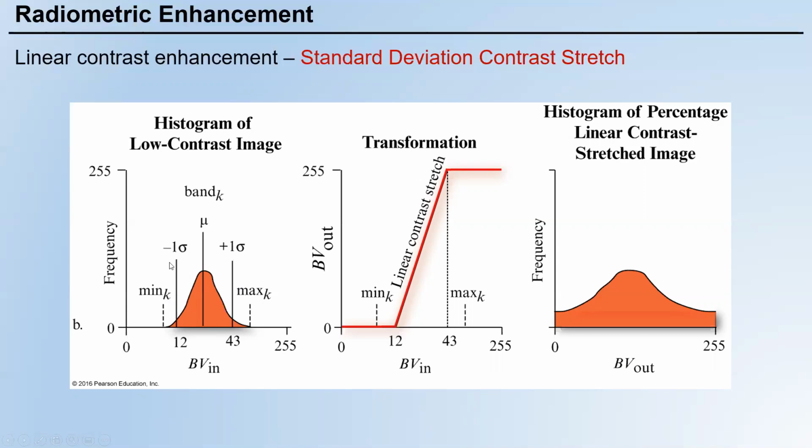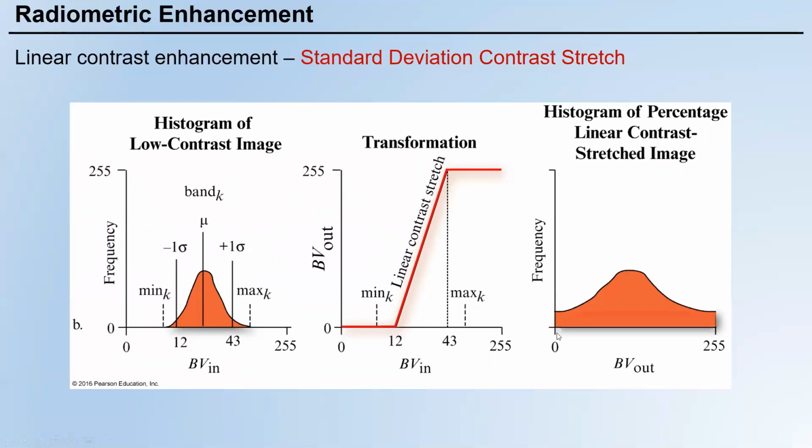So here is what you do. If a pixel is within this range, you simply give it 0 in the output image. For pixels with values larger than mu plus 1 standard deviation, in the output image, give them a value of 255, because these two groups of pixels are simply not within the range we want to stretch.